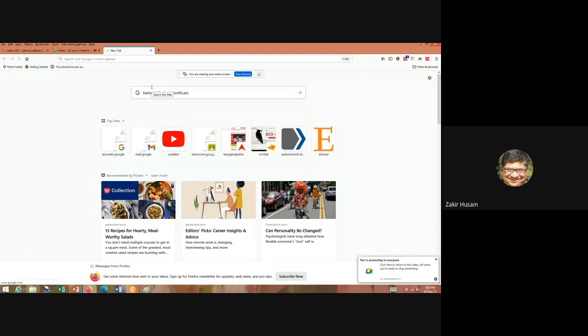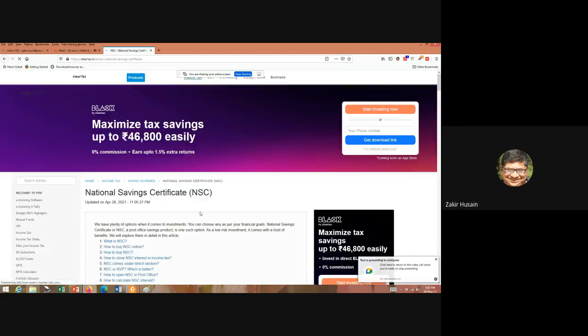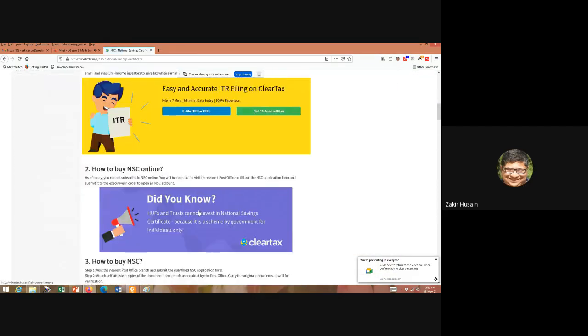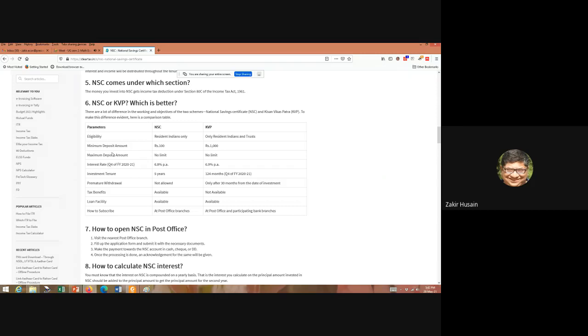The investment tenure is 5 years, and the rate of interest is 6.8% per annum.